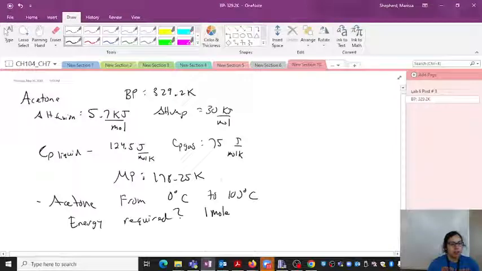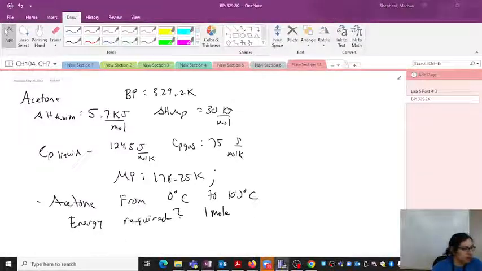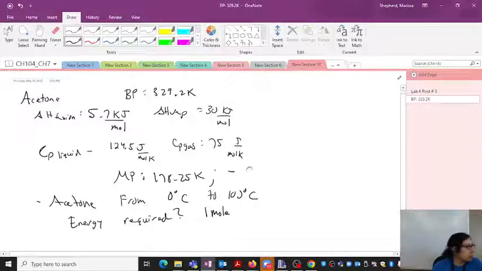And let's see, I don't want to be in Kelvin. So I want to convert my melting point. So 178 Kelvin, our melting point is negative 95 degrees Celsius.